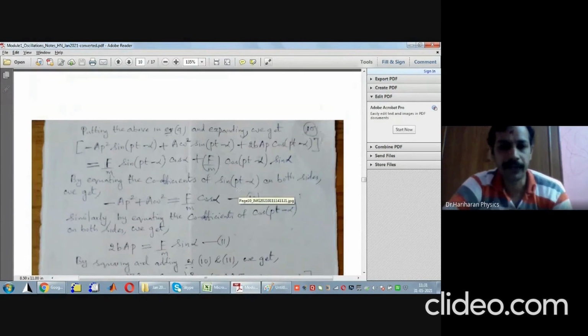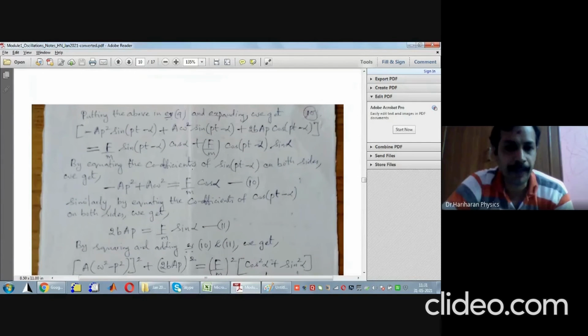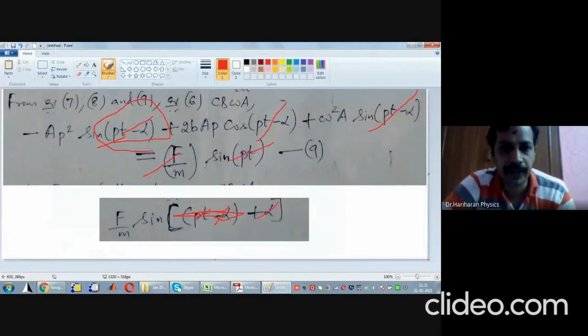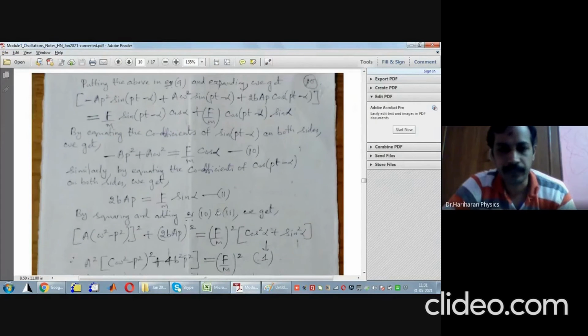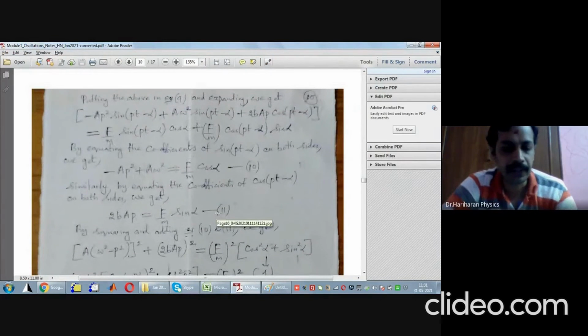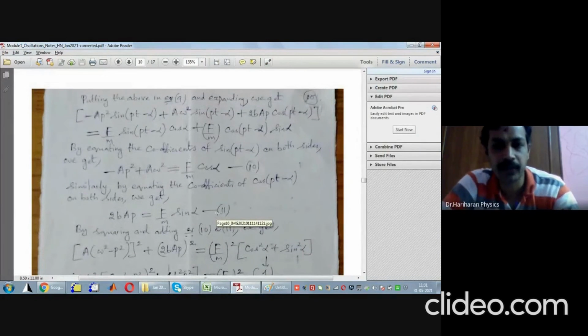Okay, next look here. If I expand the right hand side, sine of a plus b is what? If you expand the right hand side of equation 9, what are we going to get?